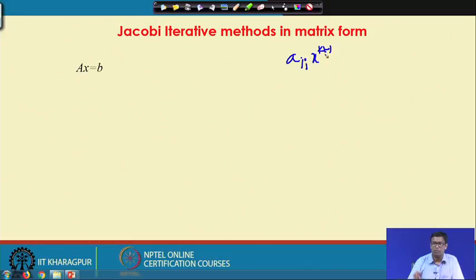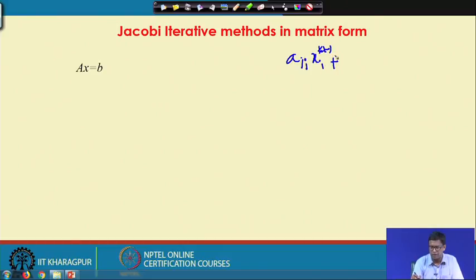This is the outcome of the first iteration: we start with the guess value x 0 and the updated value is x 1. For the ith equation we only update the ith component of the x vector, x i at the k plus 1th level, multiplied by a i i, the diagonal term. This is the ith equation in the k plus 1th iteration.